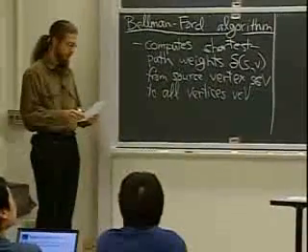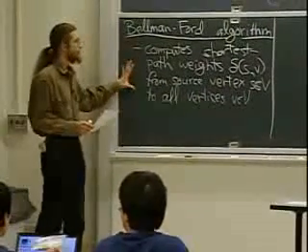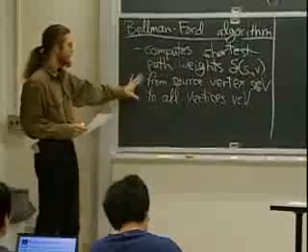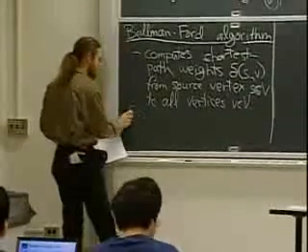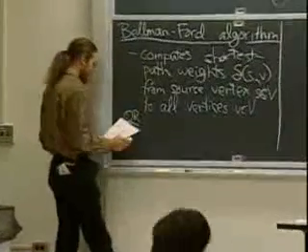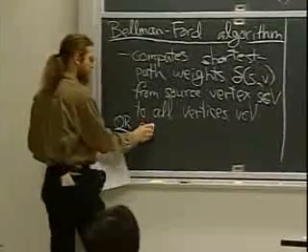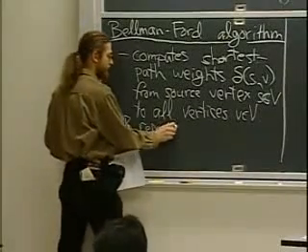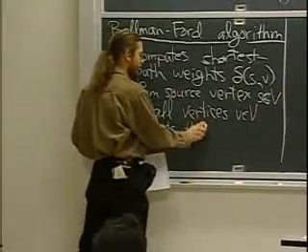It's still going to be the case here. And it allows negative weights, and this is the good case, but there's an alternative, which is that Bellman-Ford may just say, oops, there's a negative weight cycle. And in that case, it'll just say so.